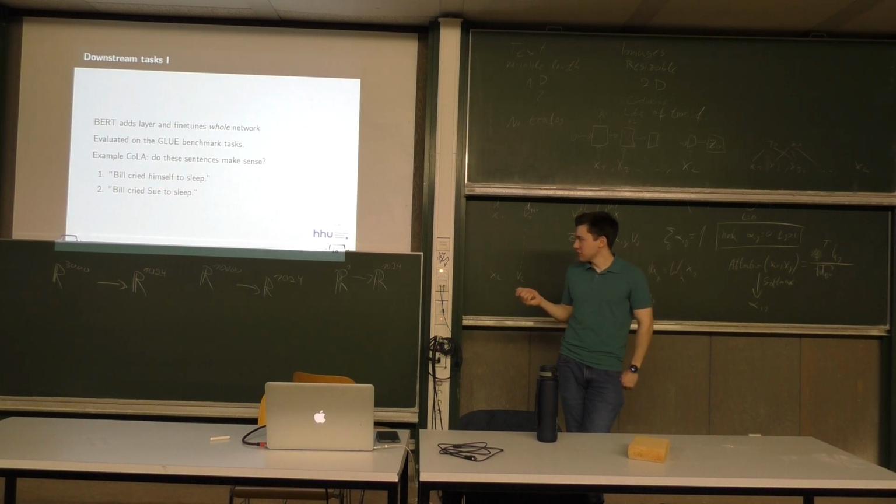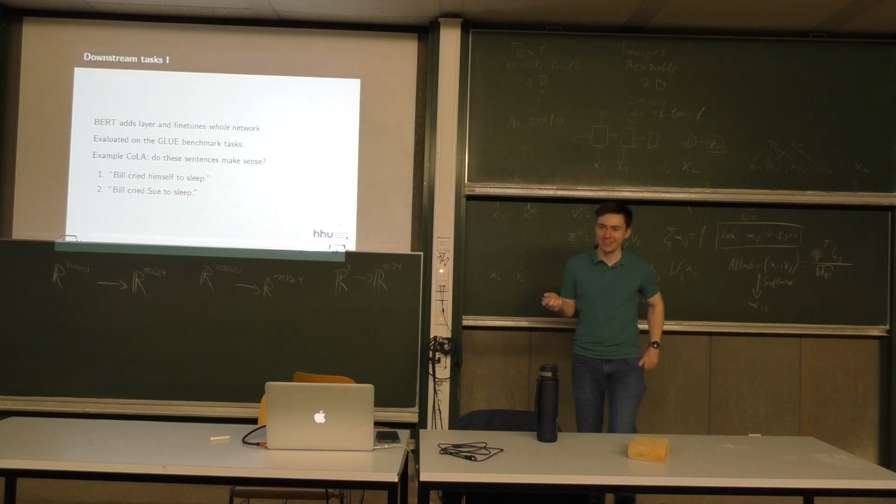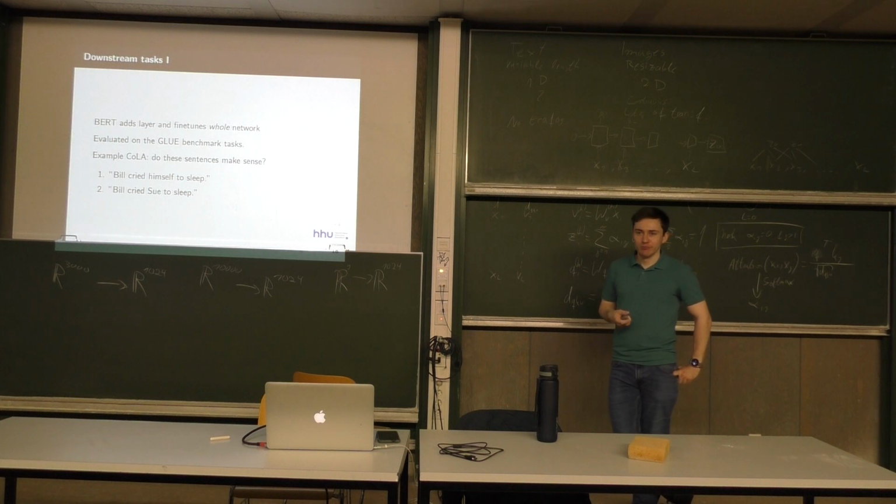Okay, who thinks the second sentence makes sense? No one? Good. Some of the sentences are very obviously nonsensical for humans, at least. Some of them are a little bit more tricky. They're all also available in Hugging Face, so if you want to investigate what these datasets look like, you can do this.